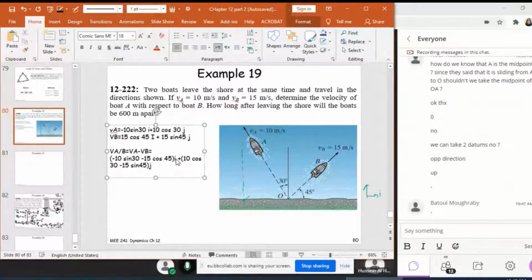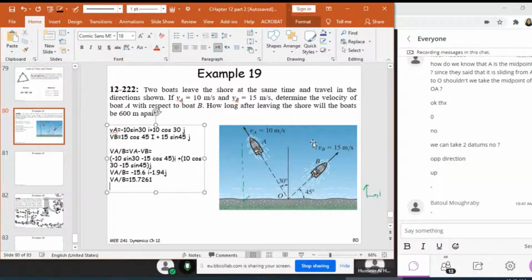And then this means, guys, that VA with respect to B will be equal to minus 15.6 I minus 1.94 J. All right? So if I want to find VA with respect to B in magnitude, this will be 15.7261.